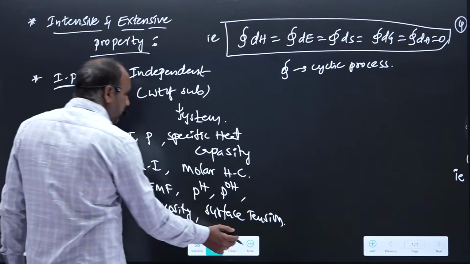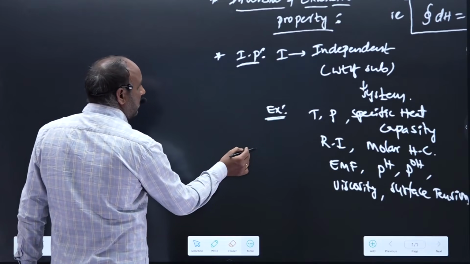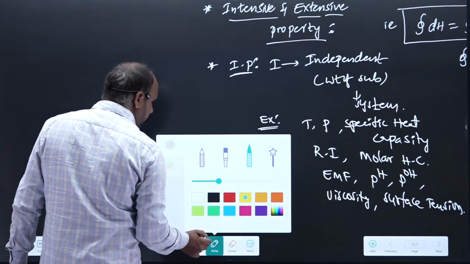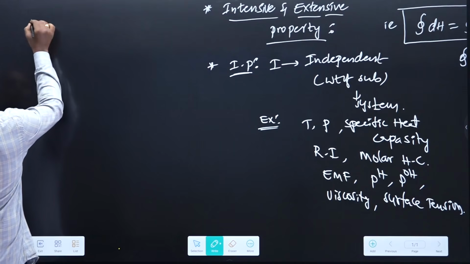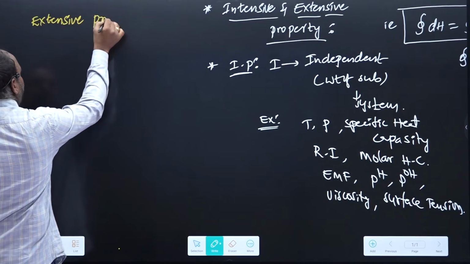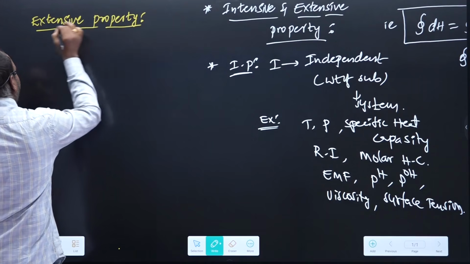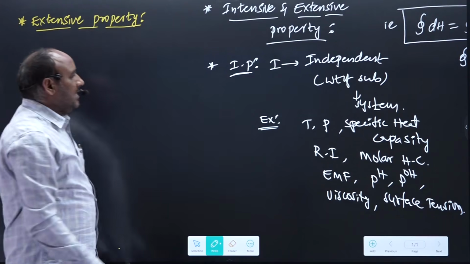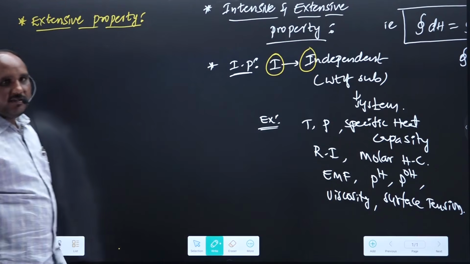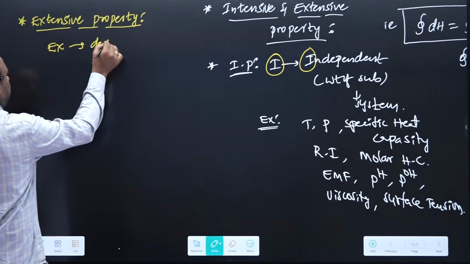Then what are the dependent? Based on that we are able to get extensive properties, right? Extensive. Here intensive means independent, right? So therefore extensive means what? Dependent.